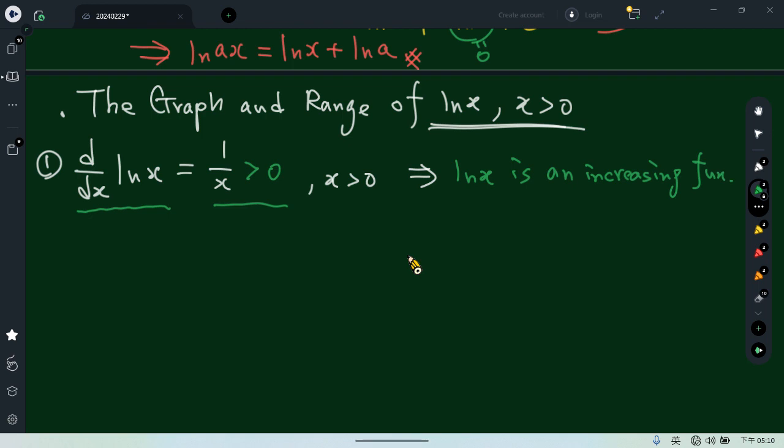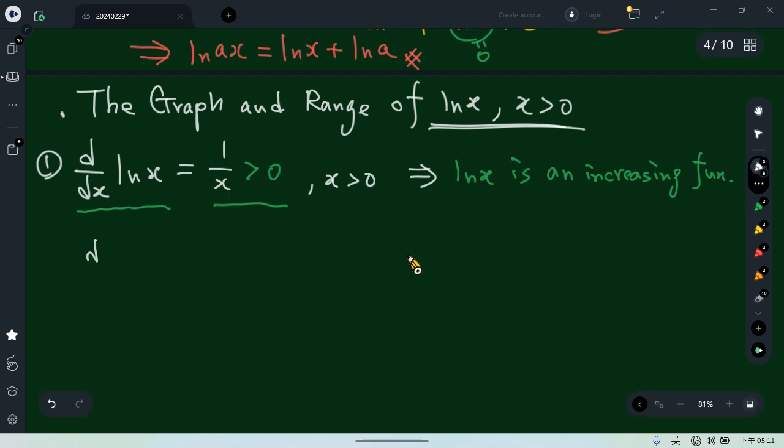So even though right now we don't know its figure or its trend, based on the result from its first-order differentiation, we know it is an increasing function or a decreasing function. So this is the first-order differentiation.